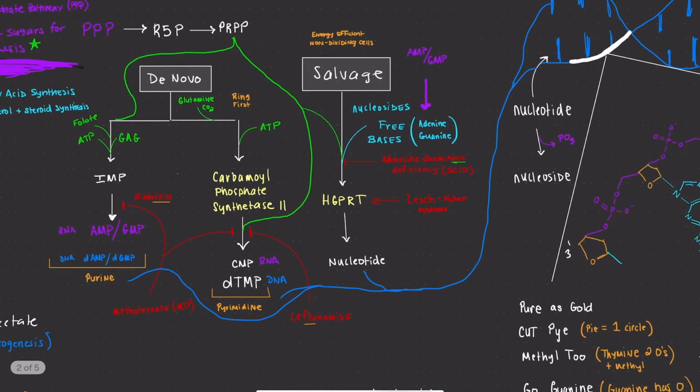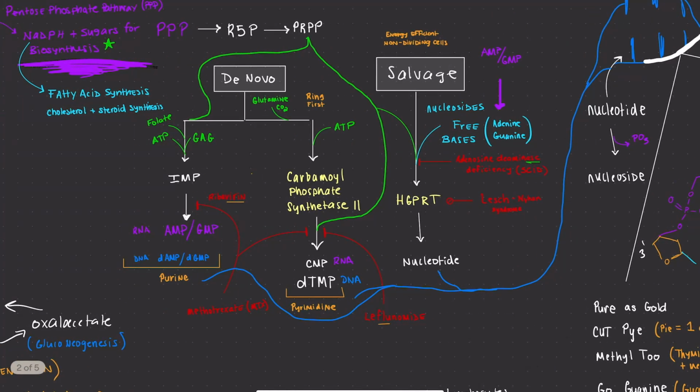In addition, you could go through this branching and build purine synthesis, and it also uses PRPP right away, and you get folate, ATP, and GAG, which stands for glycine, aspartate, and glutamine, to create IMP, which then goes through various different other reactions, and we finally get our purine.